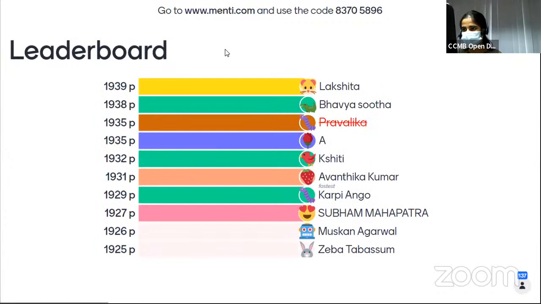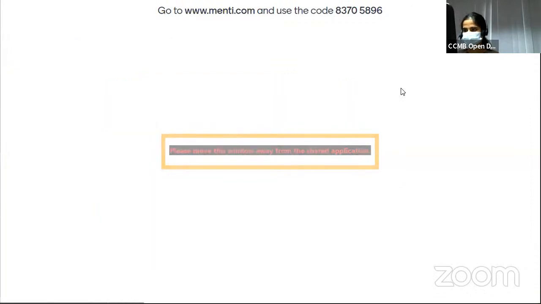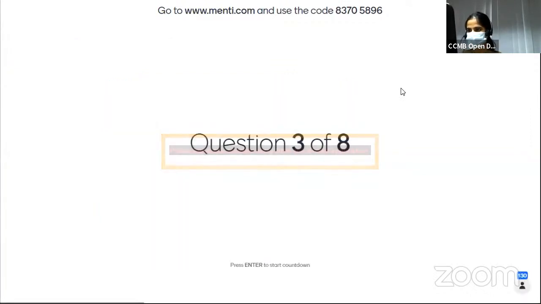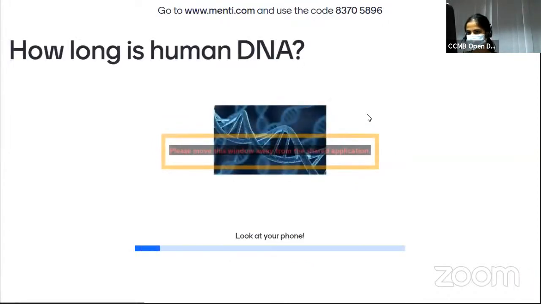Our second question, Lakshita gave the fastest answer. So now we move on to the next question. How long is the human DNA?